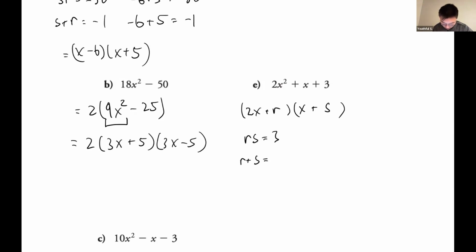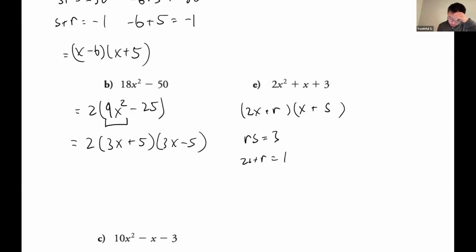Let me think here. I guess you would have 2 times s plus r equals 1, this coefficient. So that's kind of weird. I don't really like doing it this way.